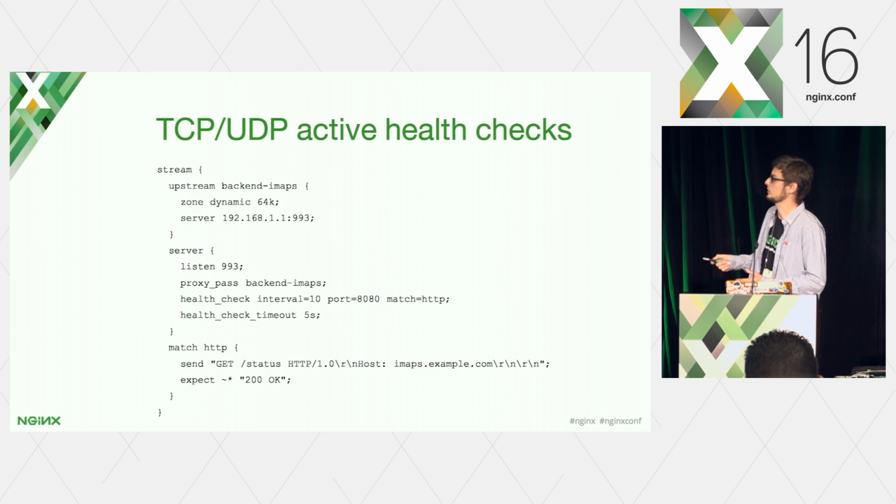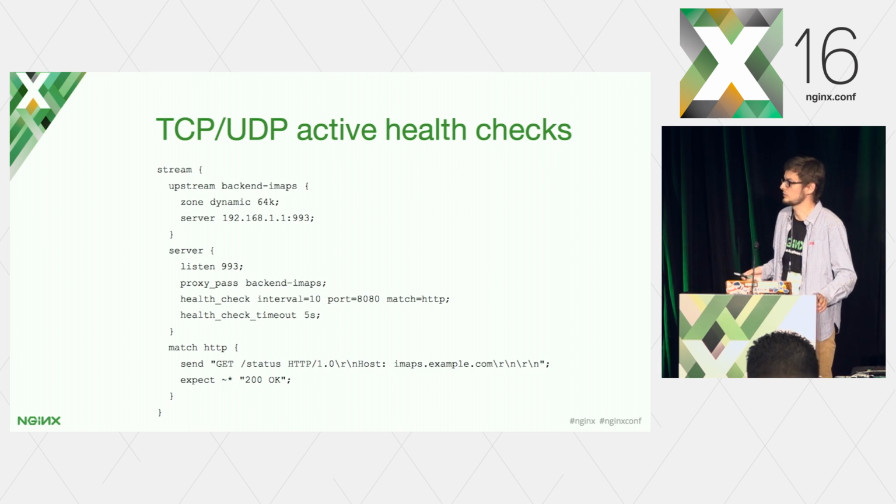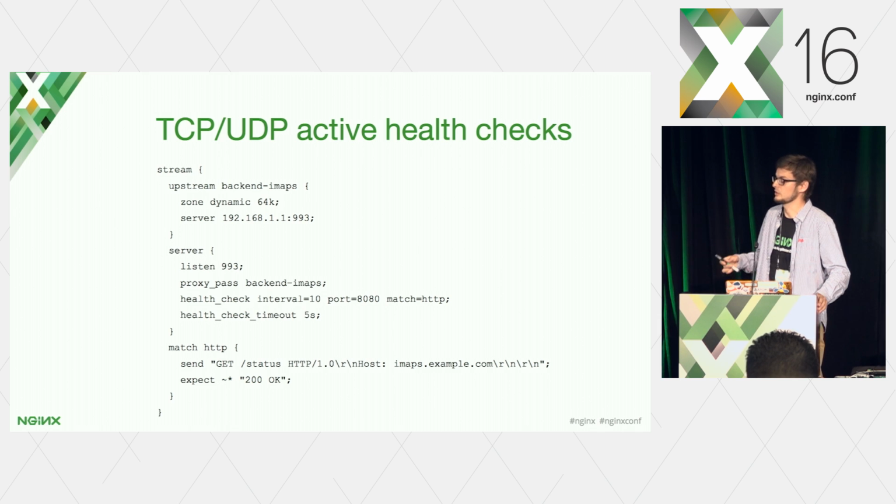That's what I'm doing in this match block. So I'm just asking for a status for this host, and I expect that will be 200 OK. I'm also setting the health check timeout to some lower value, because we need the health checks not to time out, not to spend a lot of time in the check.